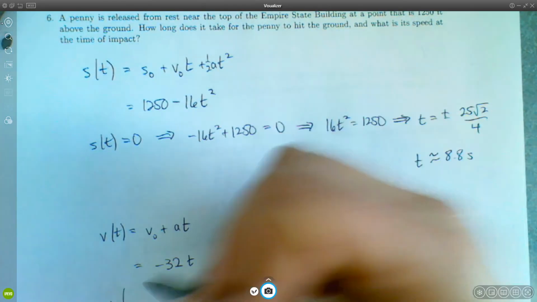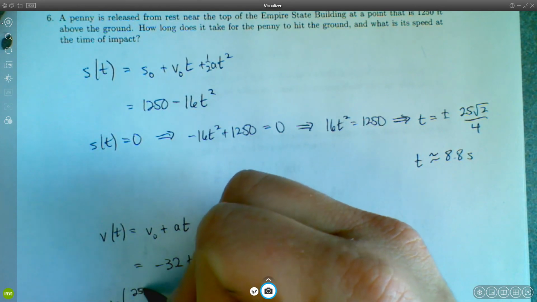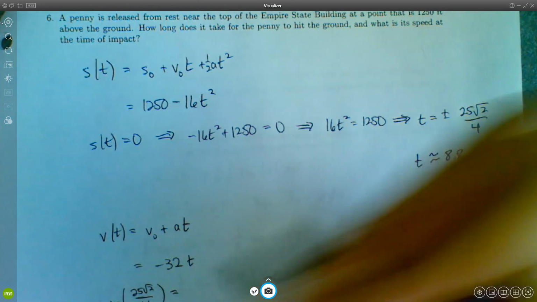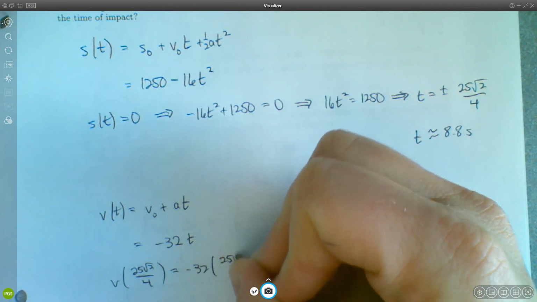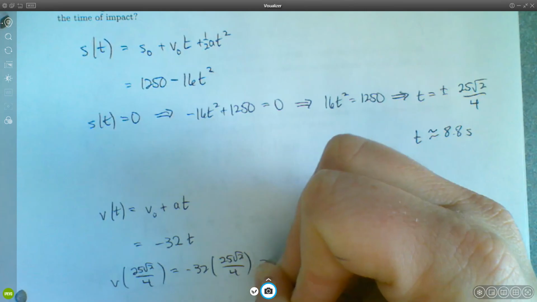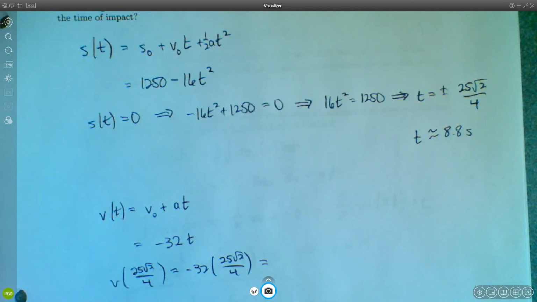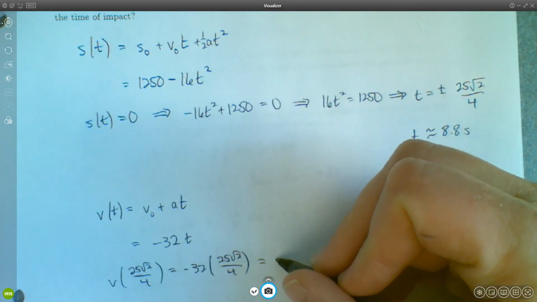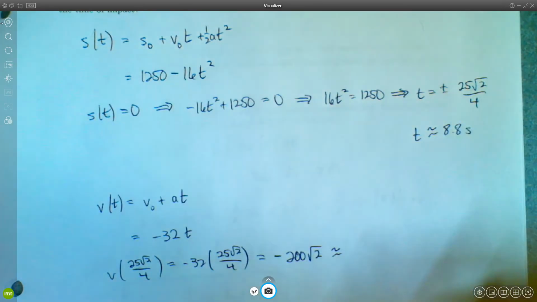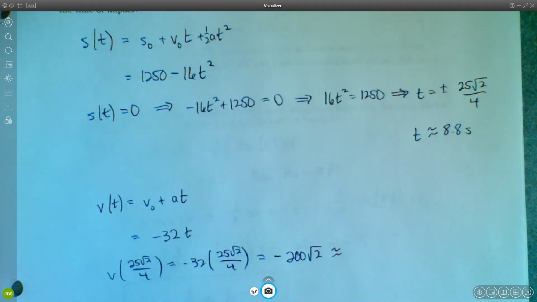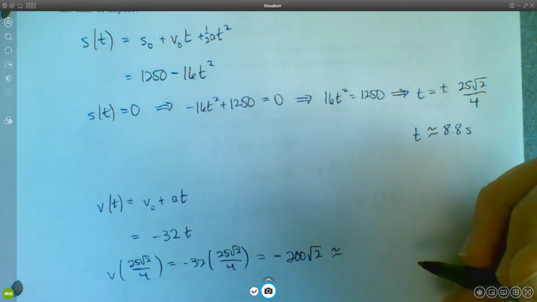So v of 25 root 2 over 4 equals negative 32 times 25 root 2 over 4. Okay, and so that comes out to negative 200 root 2, or in other words, negative 282.8.